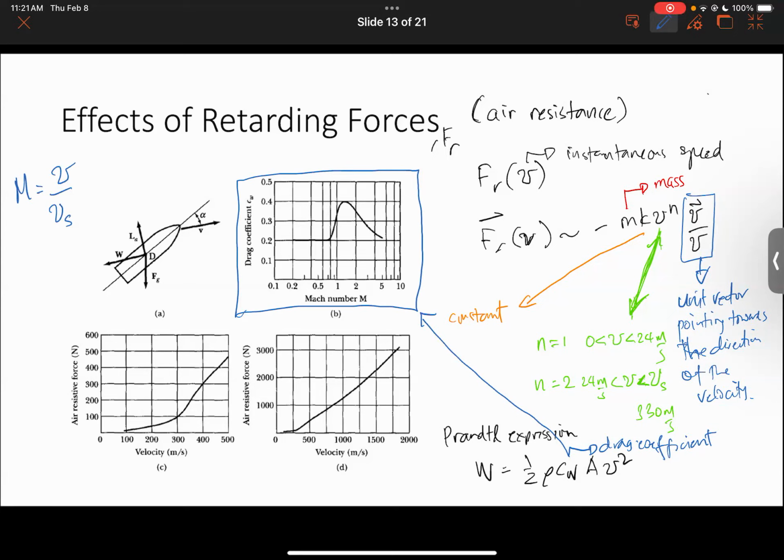Mach 2 is twice the speed of sound, and so on and so forth. Okay? So makikita nyo na from point 7, point 8, yung drag coefficient na ito will just start to increase, magpipeak at Mach 1.5 or 1.2, something like that, and then bababa siya dahan-dahan. Okay, as the Mach number increases.